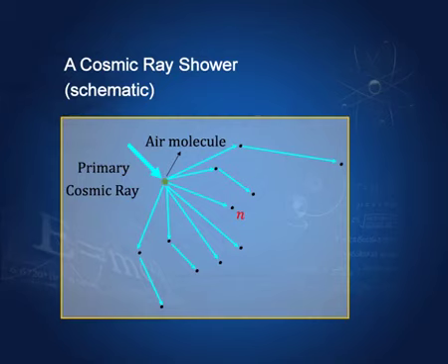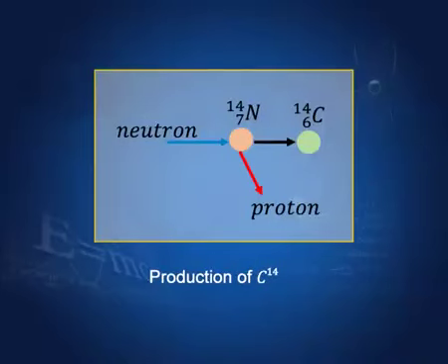So, these are called showers, and one of the particles which cosmic ray particles produce in interaction with the atmosphere particles is neutron. This neutron is captured by nitrogen 14 with the emission of a proton, and therefore, this becomes carbon 14. So, the production of carbon 14 is through this process. That is how carbon 14 is produced in nature.